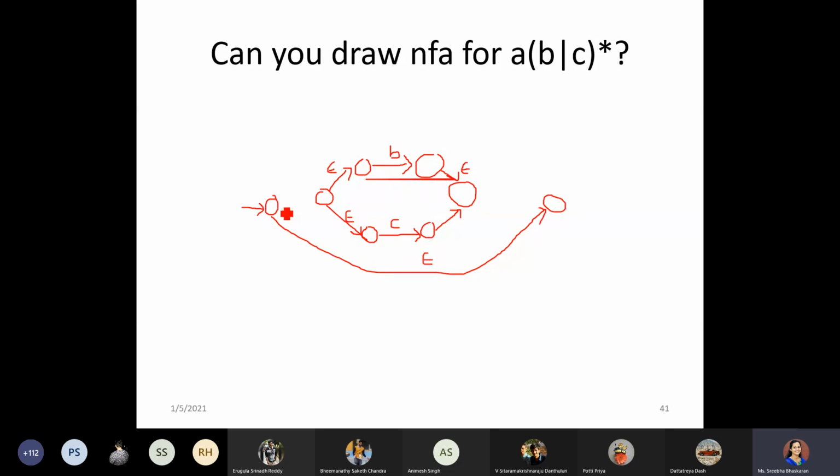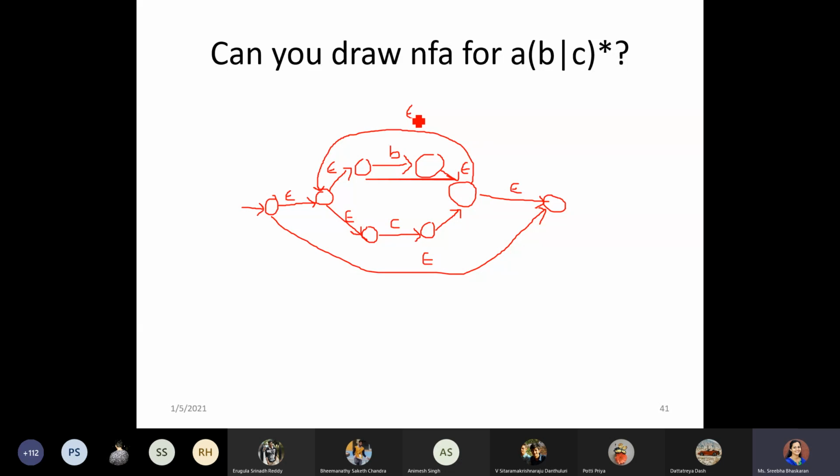If we have one or more occurrences, then with respect to this epsilon transition, we would be reaching B or C. Here also an epsilon transition. Next, it has to be repeated any number of times. Then once again, another epsilon transition.